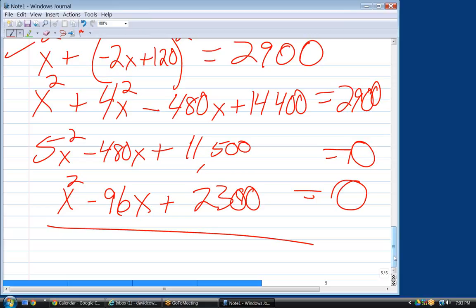Well, it's possible I've made a math error here, although I don't see where it's at. But what's 96 squared? 9,216. Okay.